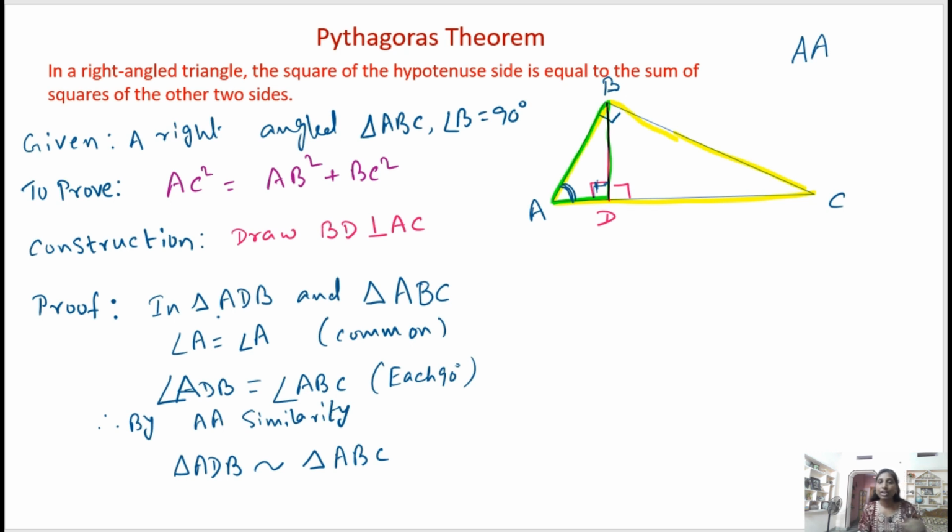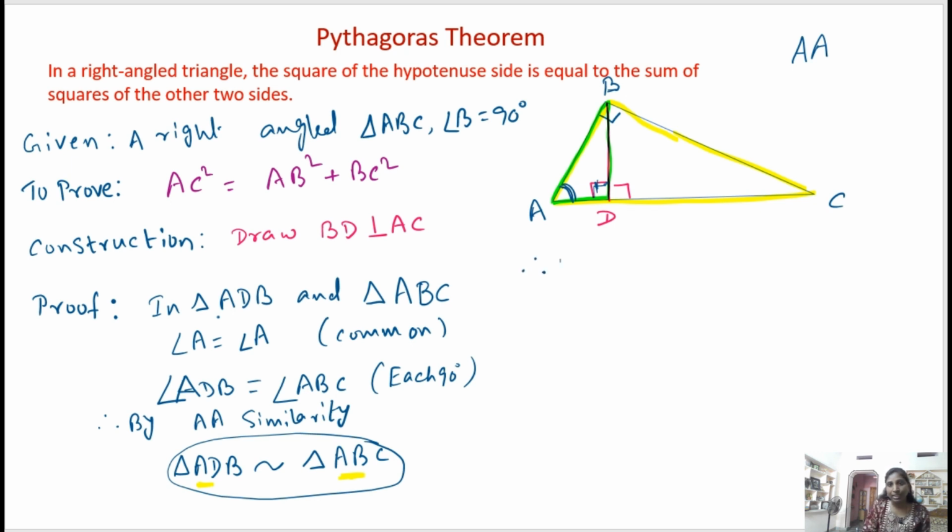And now we have proved that these two triangles are similar, so we can equate the ratio of the corresponding sides. It means corresponding sides are proportional. It will be confusing to see the corresponding sides in the figure, so we have written this similarity in an order, and we can choose the corresponding sides from here. See, here AD by AB, we can write AD by AB.